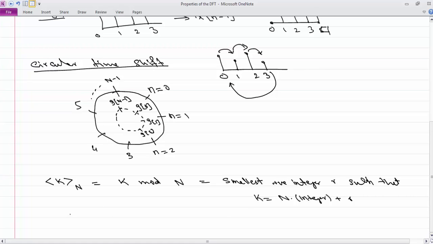So the last time we did that, if k is positive, then k mod n is simply the remainder of k divided by n.